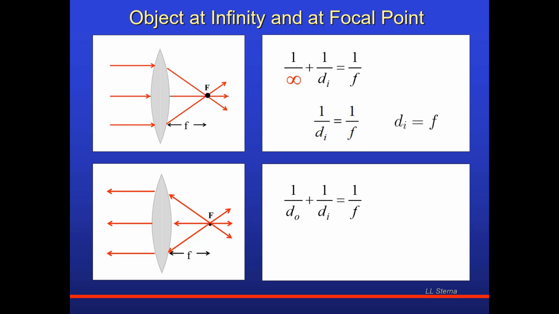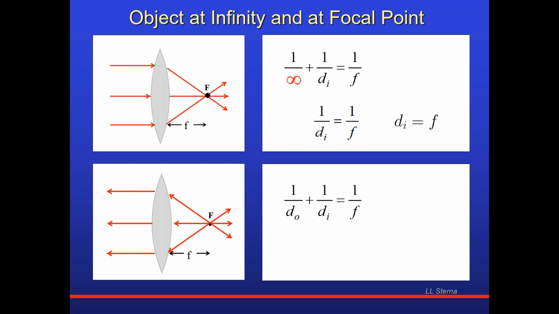So whether you go from the left to the right in the top picture, parallel, through the lens to the focal point, or the lower picture from the focal point to the lens, that emerge parallel, you would have the same set of angles on the right side of the lens, Snell's law. Same set of angles on the left side of the lens, Snell's law. It would work either way.